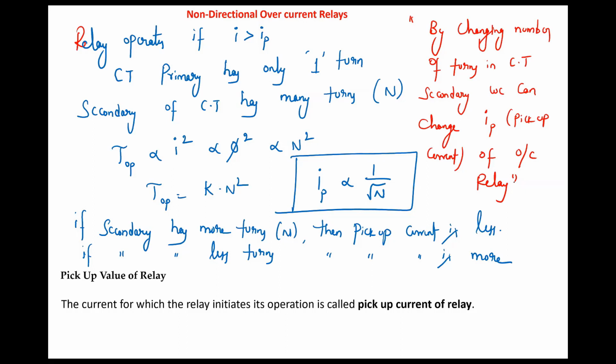Very, very important point. Understand? One is that the pickup current is inversely proportional to the square root of CT secondary turns. So by adjusting the CT secondary turns, we can change the pickup value.